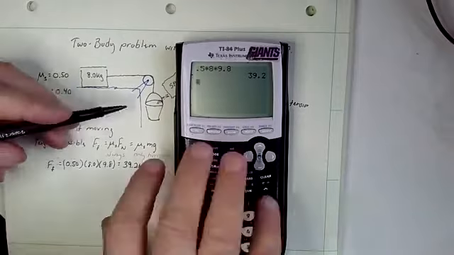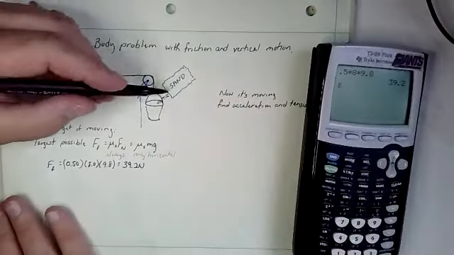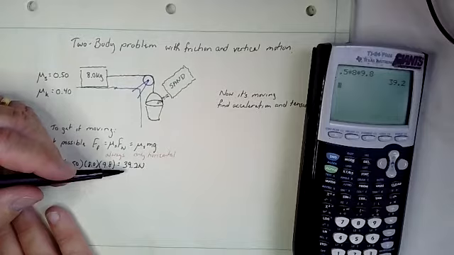So then the weight of the sand in the bucket has to equal 39.2, and then it'll start moving.